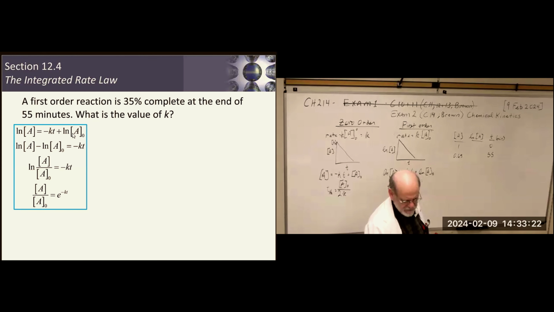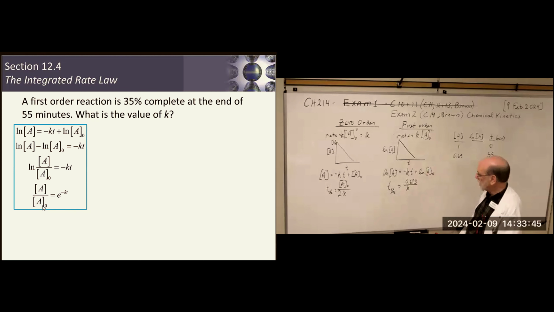Let's see. I took the integrated rate law and solved it for, oh, I know why I did this. I ran the equation backwards and set it up so I could get a ratio of A to A0, what we started from. So this value is equal to the ratio of A to A0.